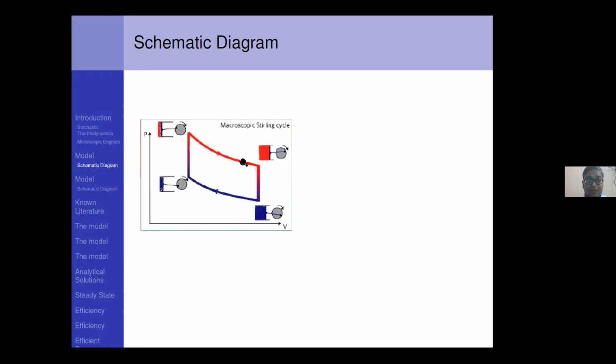The first step is this one, where there is an isothermal expansion. There is some, say, ideal gas inside this container, where there is a piston at one end, and it is slowly increased at a constant temperature. Now in the second step, the volume is kept constant.